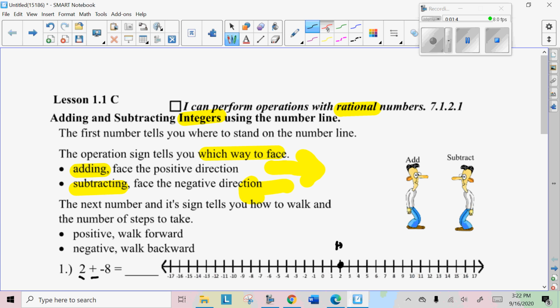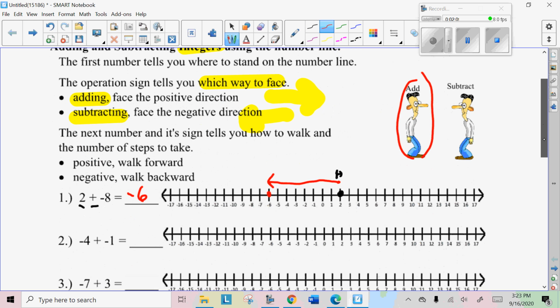Let me draw that with a red line so you can see that better. I'm facing to the right because I'm adding, but I'm going to walk backwards because I'm adding a negative. So I'm going to go this way, 8 units, and that puts me right here at -6.